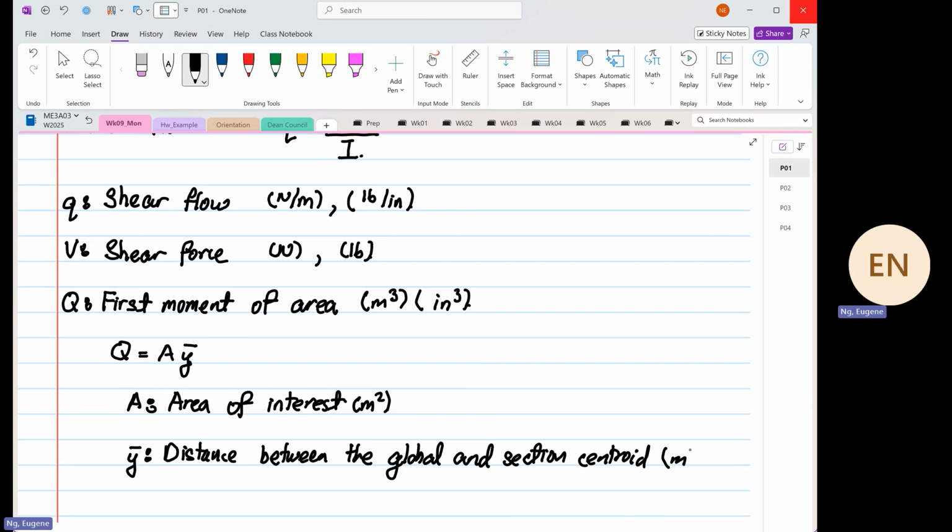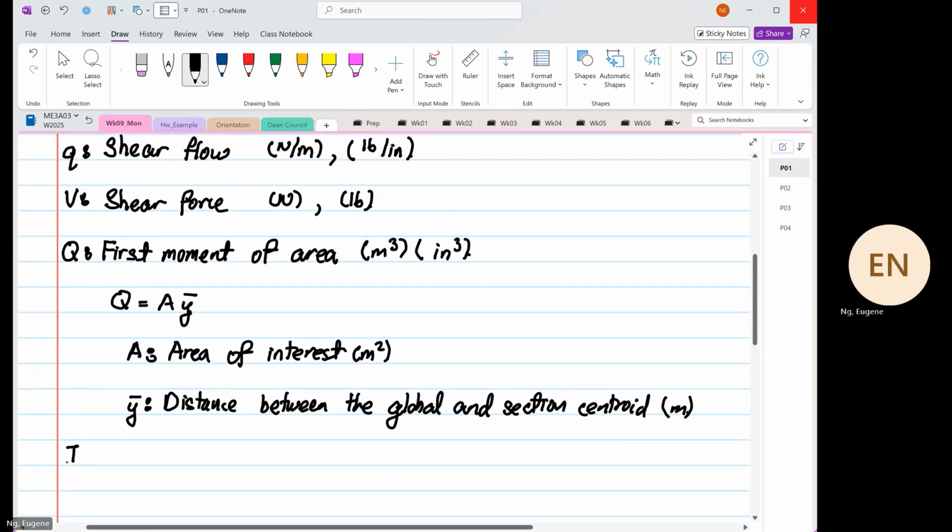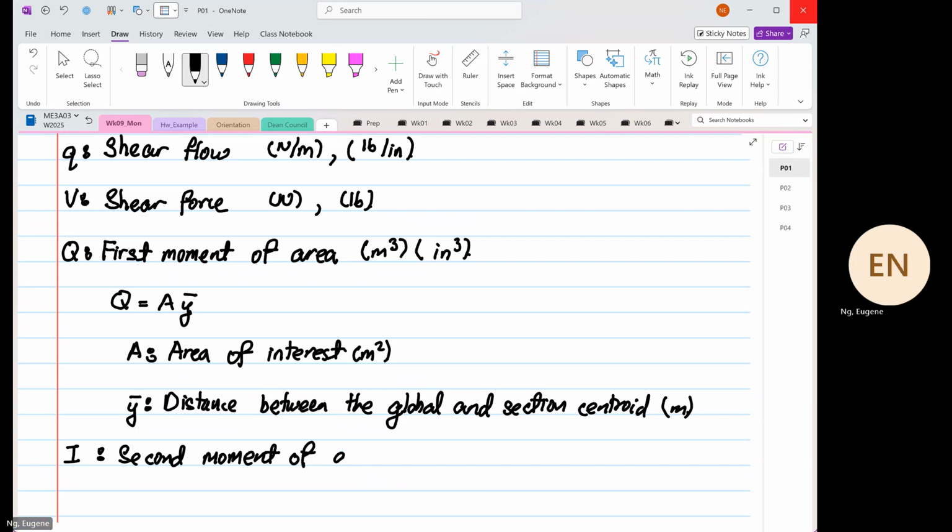And this unit is in meters. And I is known as the second moment of area. And the second moment of area, the unit is meter to the power 4.